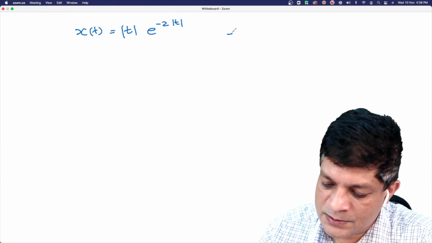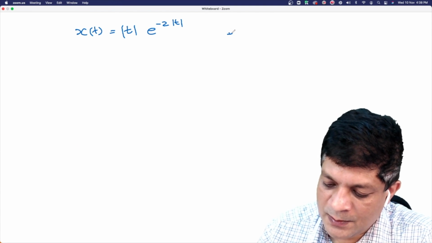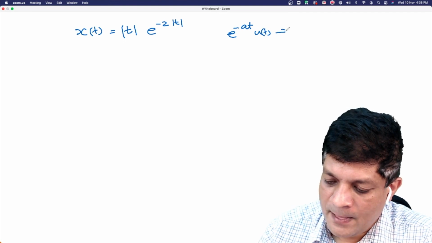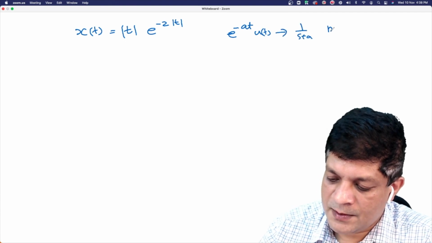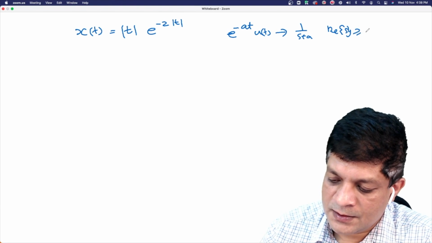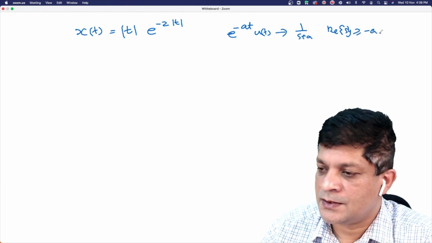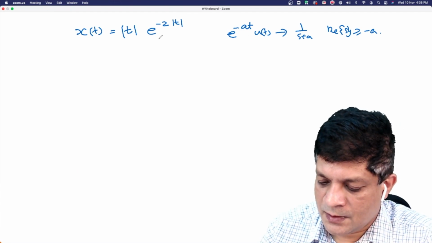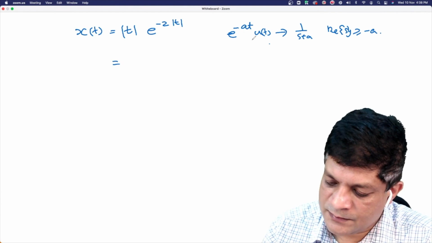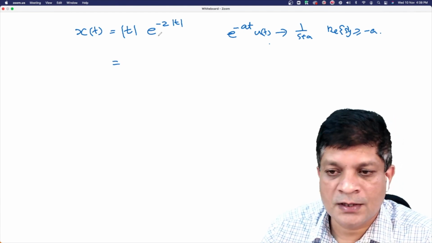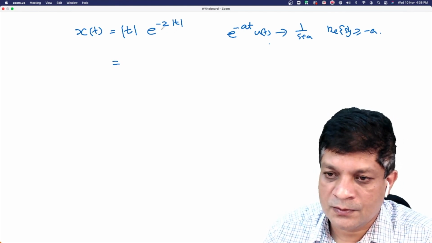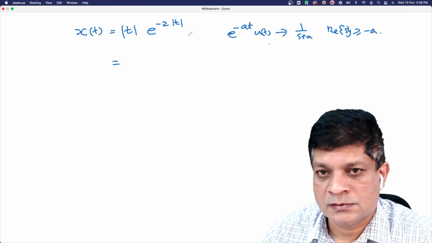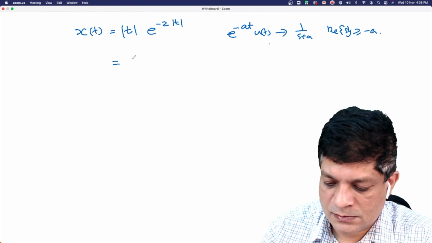What we already know is e to the power minus at u(t), that is 1 upon s plus a, and real part of s greater than minus a, isn't it? Can we write it in terms of this? Can we write it as, what is the expression for this signal for t greater than 0? t e to the power minus 2t u(t).